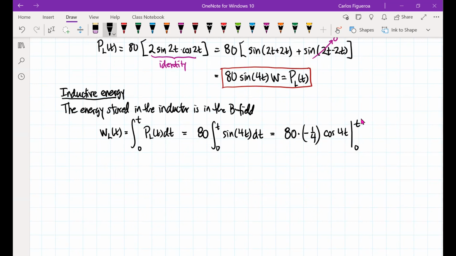Now cosine of 0 is 1, but I have a negative, so I get a positive at the end. So this tells me that it's going to be 20 times 1 minus cosine of 4t, in units of joules, and that's the energy stored as a function of time for the inductor.